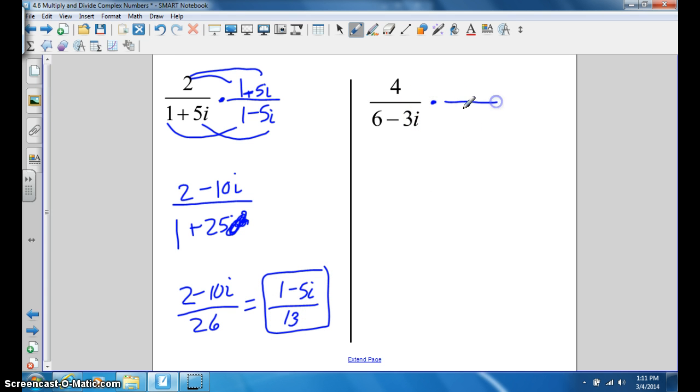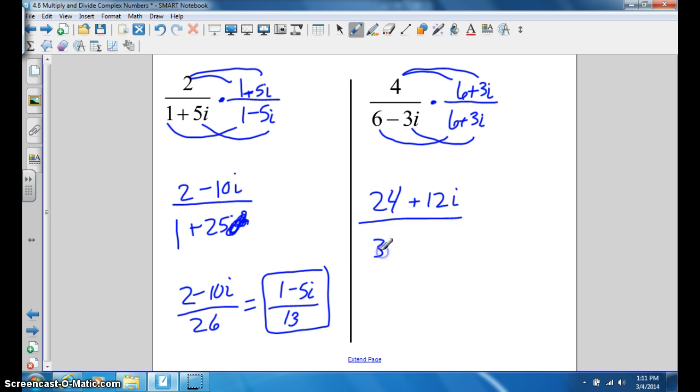Next one, our conjugate here is going to be 6 plus 3i. And once again, we multiply our first terms and then multiply our last terms. And up top, we just have to distribute that. So we'll have 24 plus 12i all over 36 minus 9i squared.